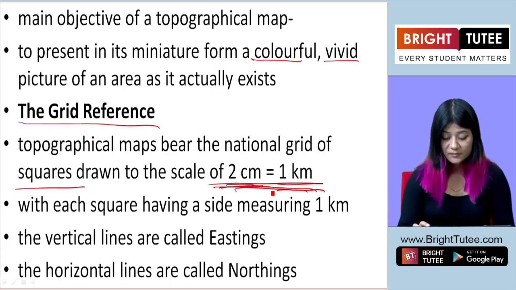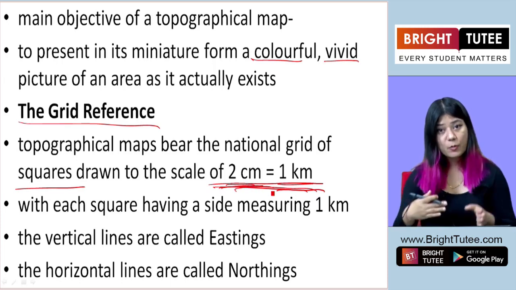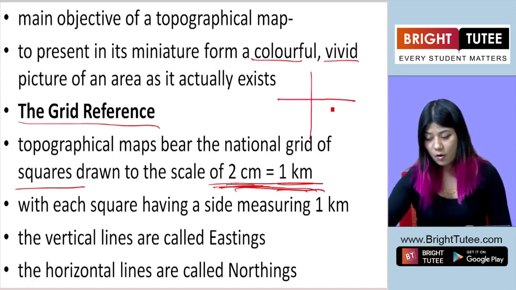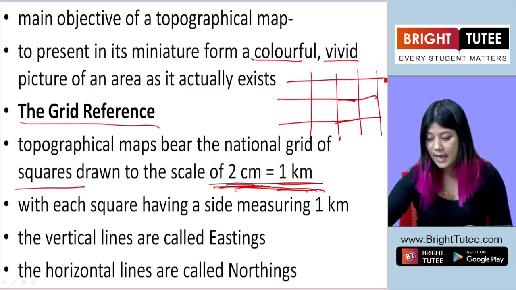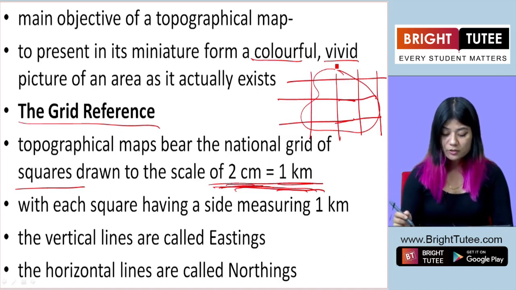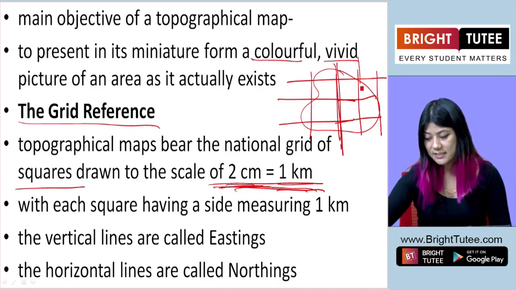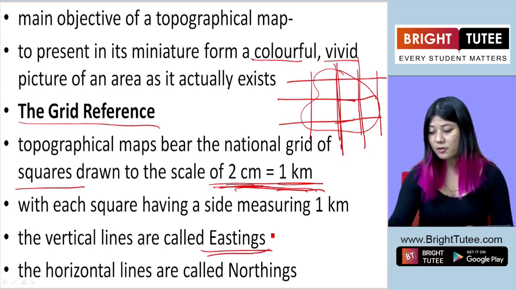Now these squares are formed by lines. Some are vertical, some are horizontal. These are called grids. The vertical lines, which go from north to south, are called eastings because they measure from east to west.